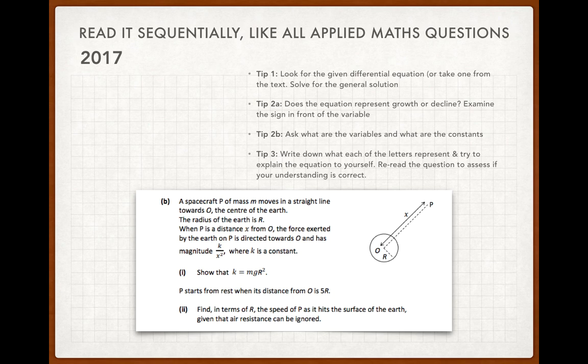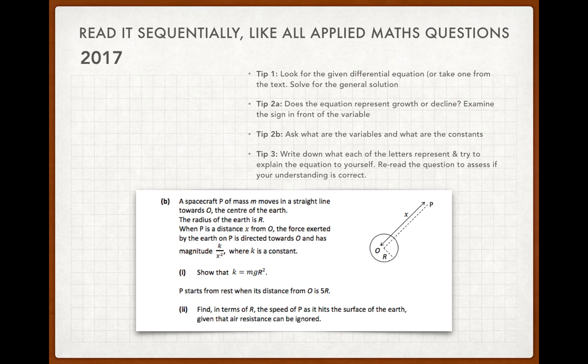So I'd set up then force exerted is equal to k over x squared. I then see the word magnitude and I get all worried, and I'm thinking that could be positive or negative, because if it was equal to k over x squared, they would say equal to. So it's likely it could be a minus there as well. So I'm going to have to do some more reading of the question.